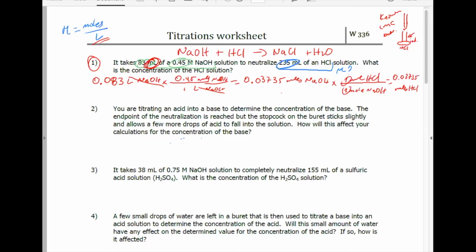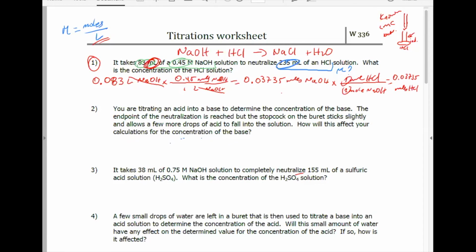But we're not done here, because they're not asking us for the number of moles. They're asking us for the concentration of the HCl solution. We have moles, and we have the liters of this HCl solution, so we are able to figure out the concentration.